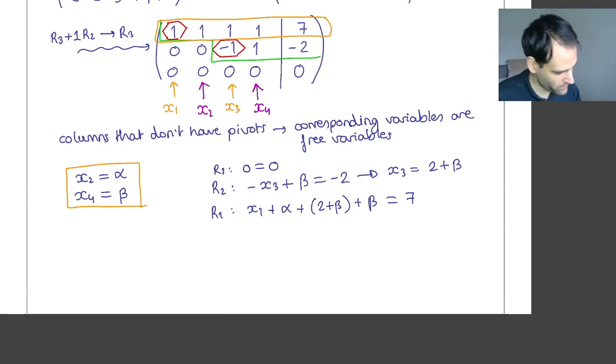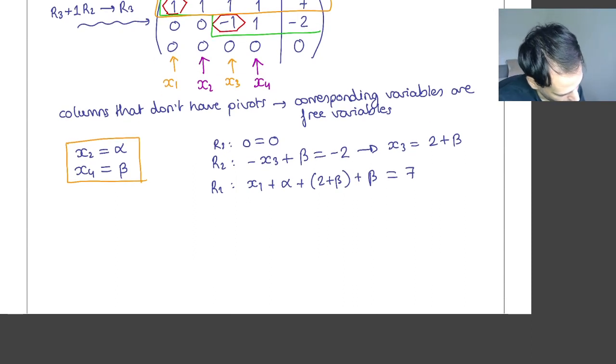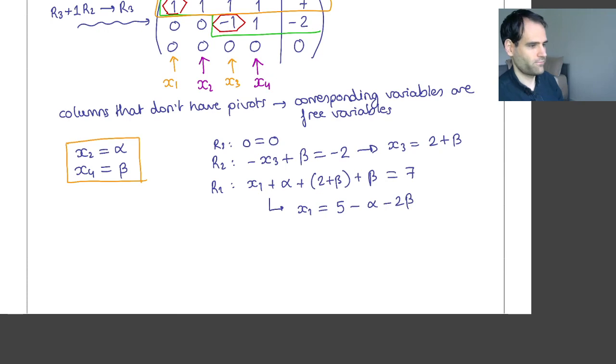Now we can solve this equation for x1, and we obtain that x1 equals 7 minus 2, that's 5, and then minus alpha minus 2 beta. So we have arrived at solutions for every single variable.